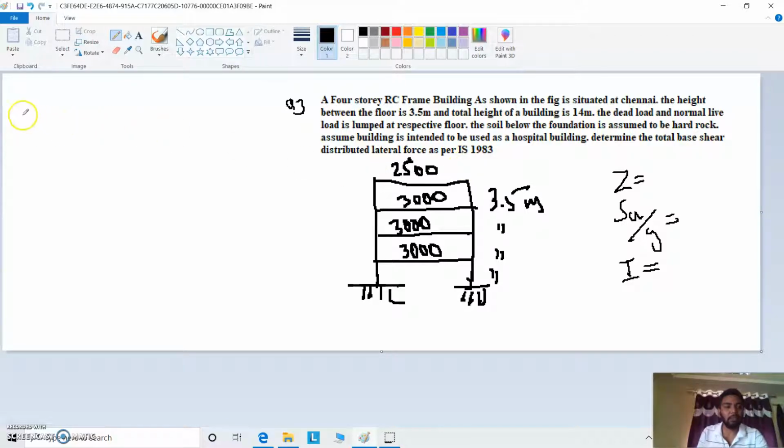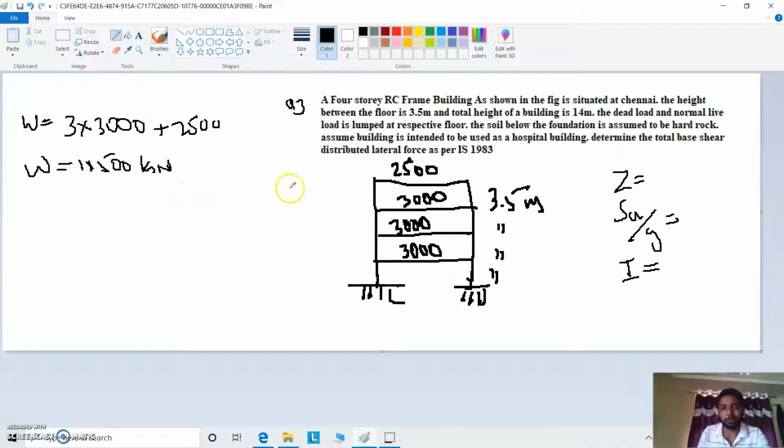So here the total weight will be equal to 3 times 3000 plus 2500. 3 times 3000 plus 2500 will be 11500. 11500 is the total load, that is the total seismic load of the building, W equal to 11500 kilonewton.